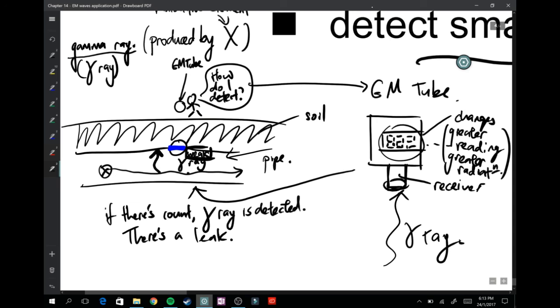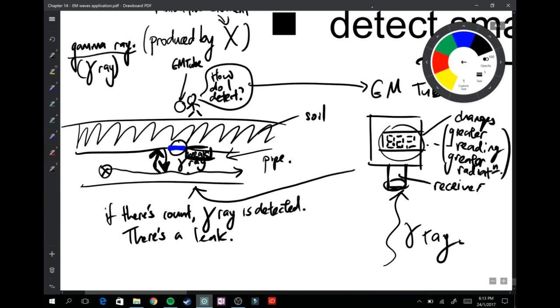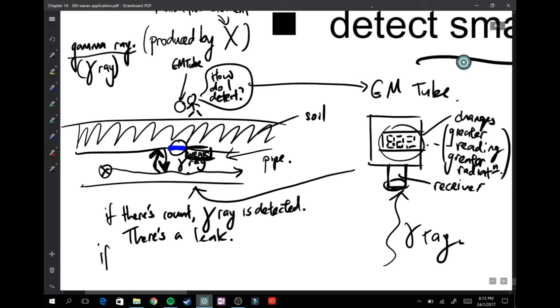The gamma ray might come here and get reflected back, so it doesn't escape. So if there's no count, then there's no leak.